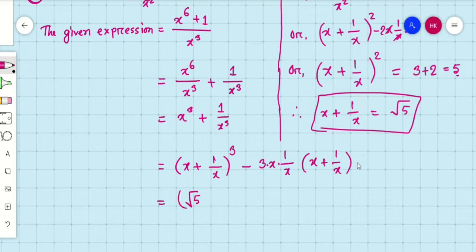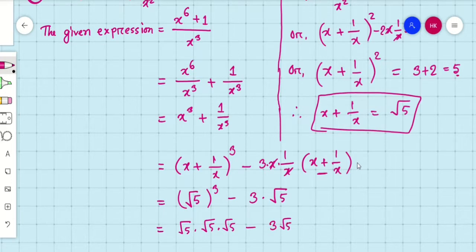So we can write root over 5 whole cube minus 3, and then x will be cancelled, and the value of this one is equal to root over 5. So here we can write root over 5 times root over 5 times root over 5 minus 3 root over 5.